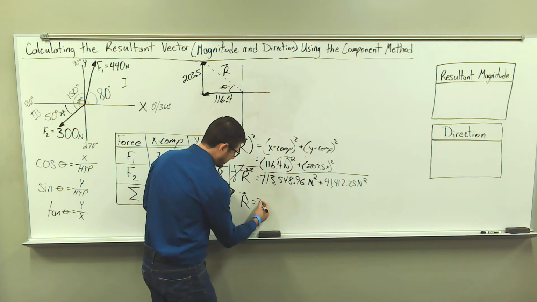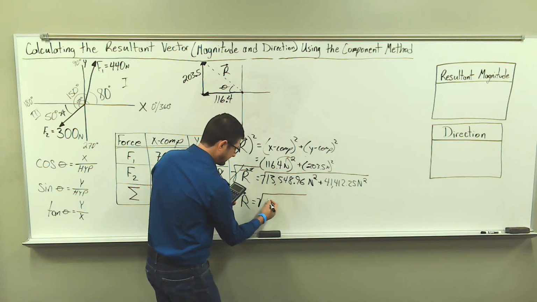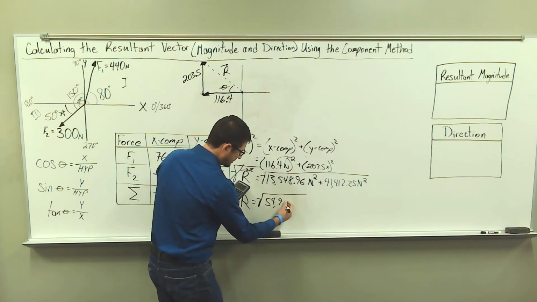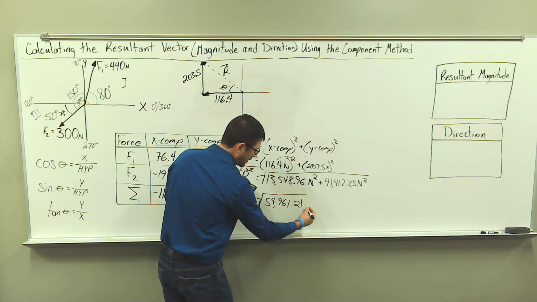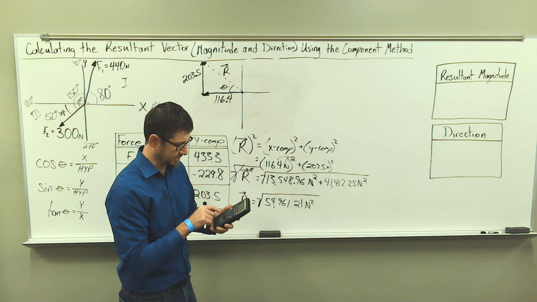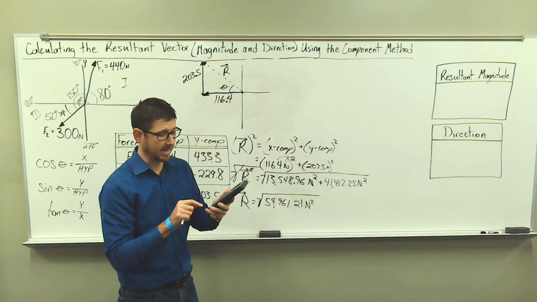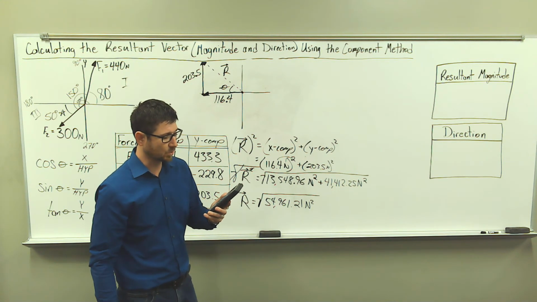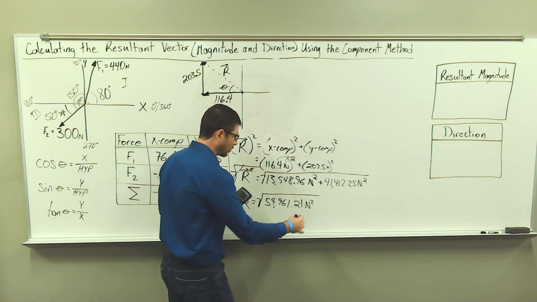And so I have the square root of 54,961.21 newtons squared. So let's go ahead and take the square root of that value. This is going to give me 234.4.